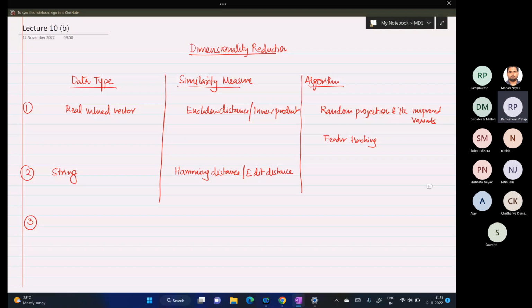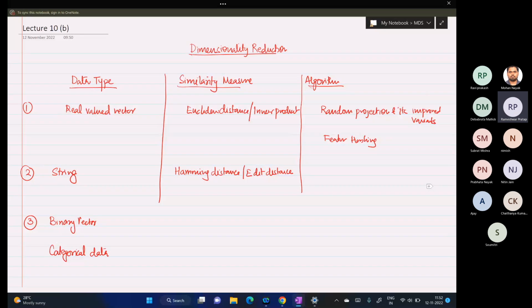Hmm. So your data could be, say, binary vectors, right? You can represent DNA bits in a binary vector, or categorical data.